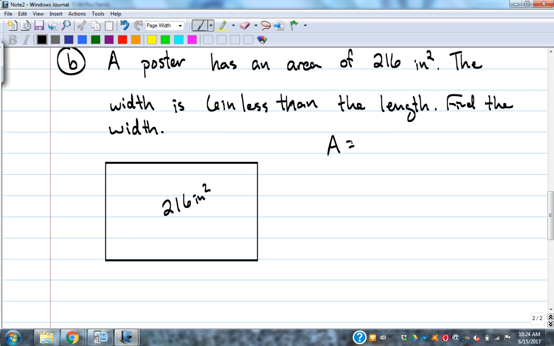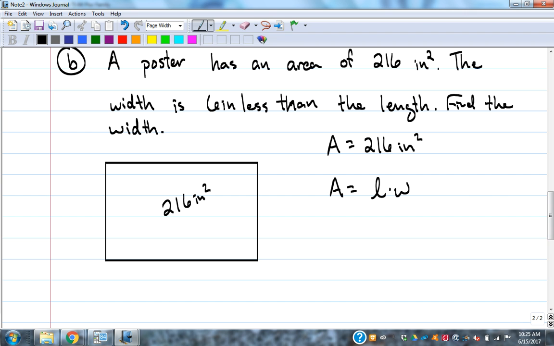So area, what's the formula for area of a rectangle? Base times height or length times width mean the same thing. Since our problem talked about length and width, I'll call it length times width. Base times height is the same thing. All right.